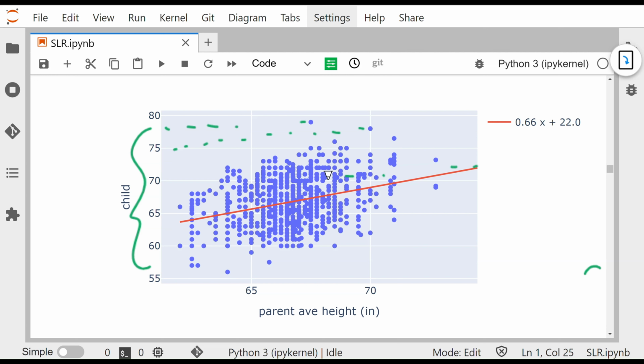Separately, we could look at the variance from the model. If at each data point we instead look at the predicted child's height, and we start compiling that histogram of data, we would also have a separate variance, the variance for our predicted values.